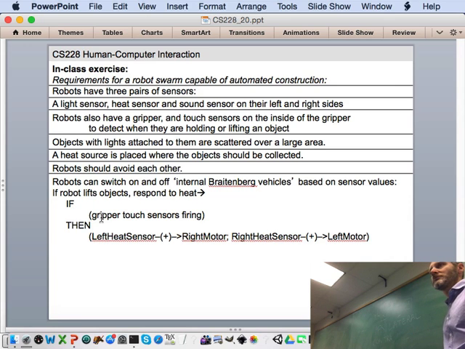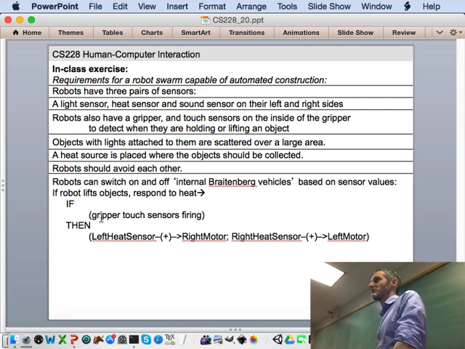Right, yeah, the sound, we hear the sound. So the same light, just switch to some light. Once it bumps it, the grip sensor senses it grabbed it. And then it's got to move towards the heat, so the avoid-each-other behavior probably has to be enough. Determined by sound. Run these protocols.